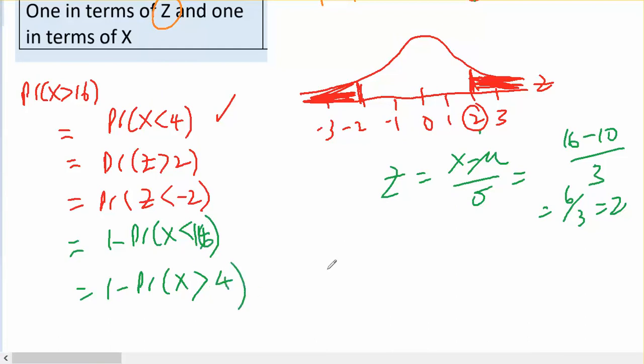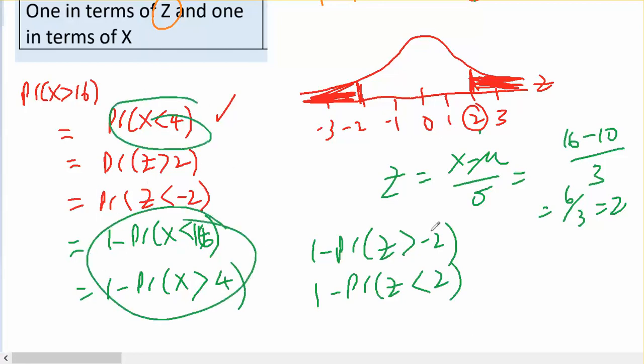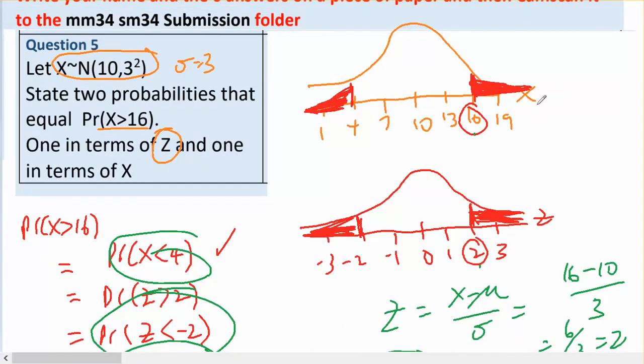Bigger than 4. 1 minus the probability that z was bigger than negative 2. 1 minus the probability that z is less than positive 2. You only had to give 1 in terms of x and 1 in terms of z. Any one of those would satisfy because it would equal the same as this probability.